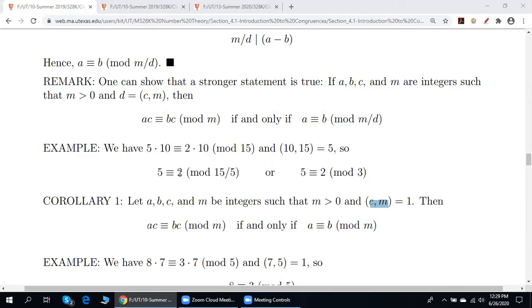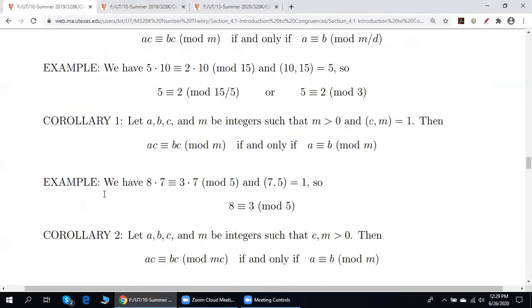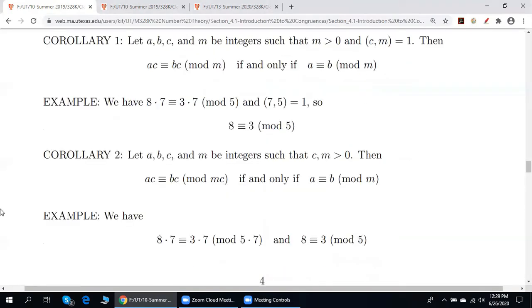However, 5 is congruent to 2 modulo 15 divided by the greatest common divisor of 10 and 15, which is 5. Done. To the contrast, observe that over here 7 and 5 are relatively prime. So we can safely cancel out 7. Done. Here's another corollary.